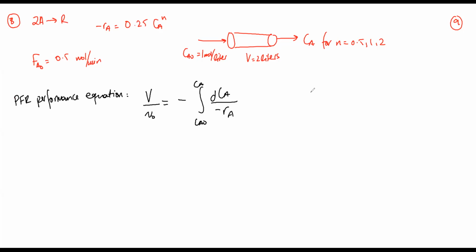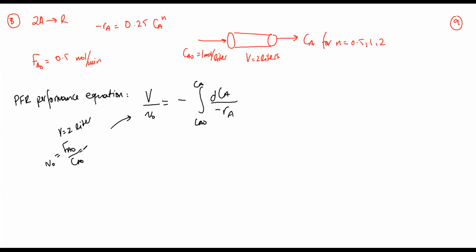Okay, so let's have a look here. V divided by V naught is equal to minus integral dCA over minus RA. Let's have a look at both sides. So on this side, I know that V is equal to 2 liters. V naught, I need the volumetric flow rate. So the volumetric flow rate is your molar flow rate divided by your concentration. Similar to volume is equal to moles divided by concentration.